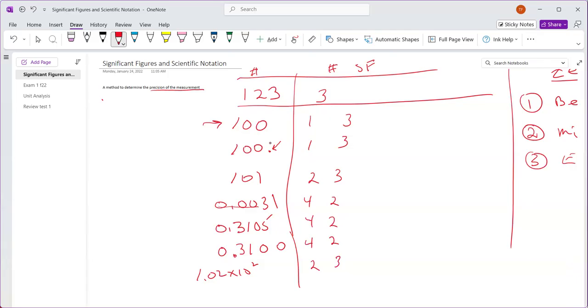Okay. So let's go through these now. Now, the tricky part in every one of these is zeros. There are 3 instances for zeros.